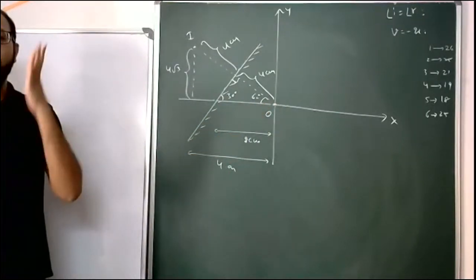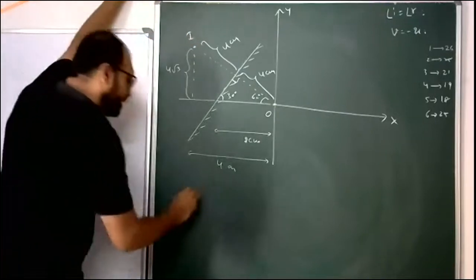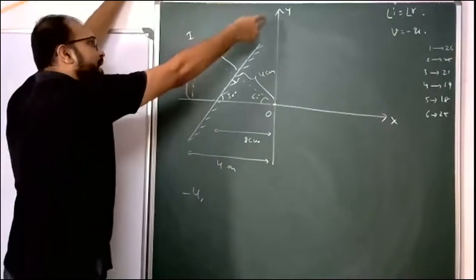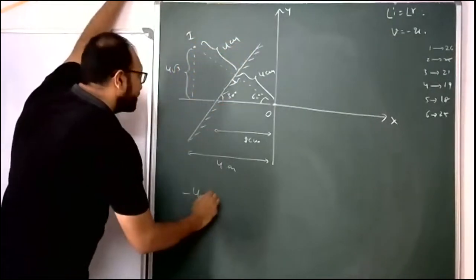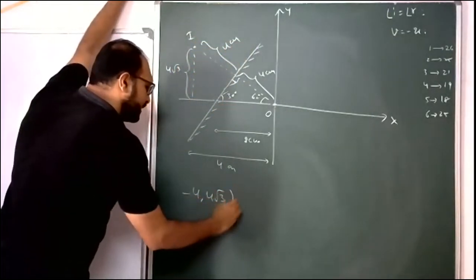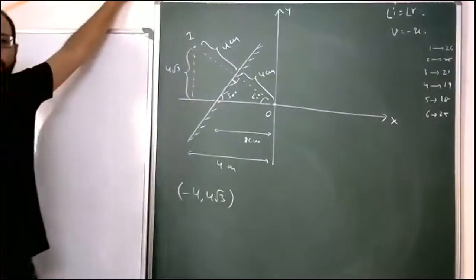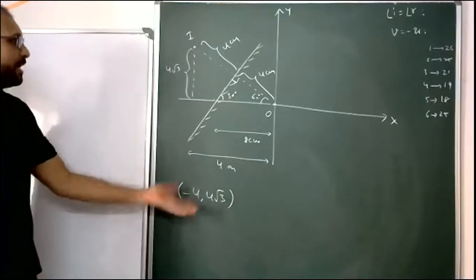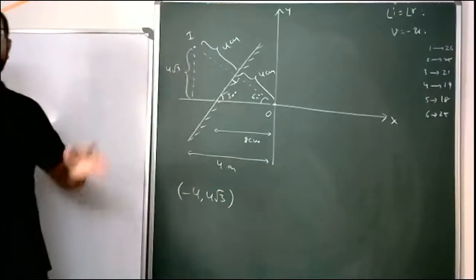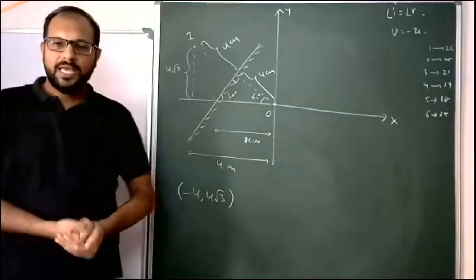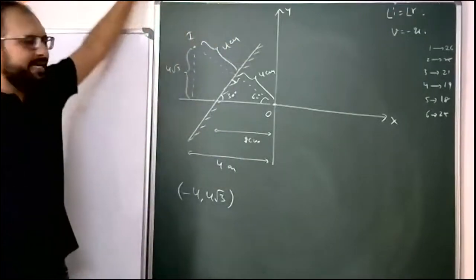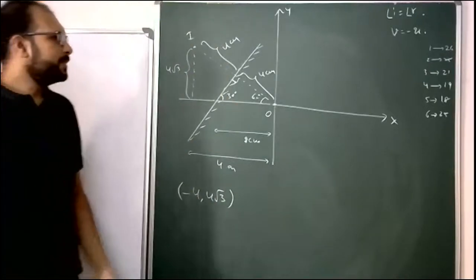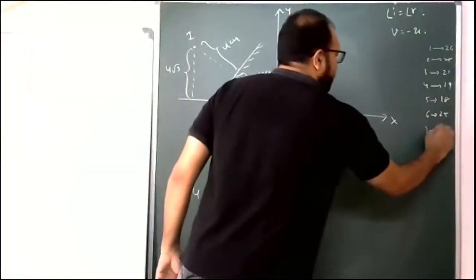So that's why now the coordinates of this image are -4 on that side, and on the positive side, plus 4 root 3. That is (-4, 4 root 3). This is now the image, the final image, but the image is a real image. Yes, so students, now completed. How many students completed correctly? Please raise your hand. Come on, fast. 7th question also.